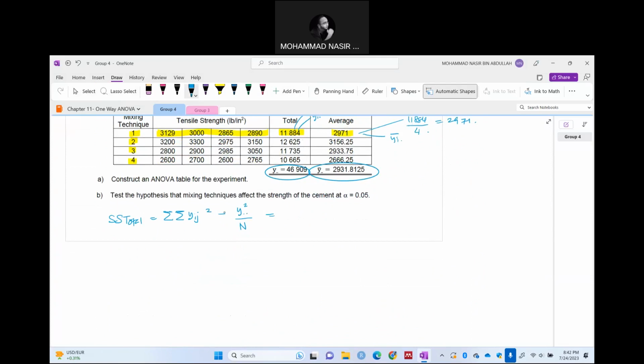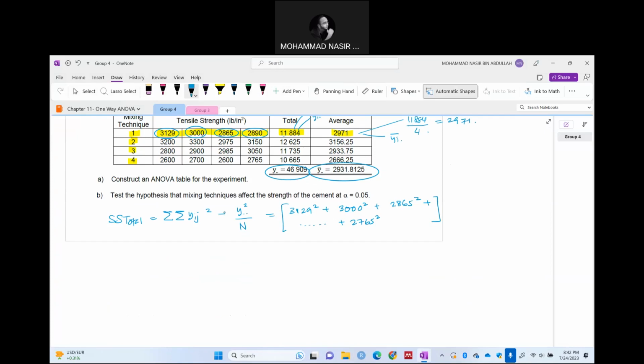Yij means the value for each treatment, right? For each observation, we square. So this one: 3129 square plus 3000 square plus 2865 square plus until 2765 square.